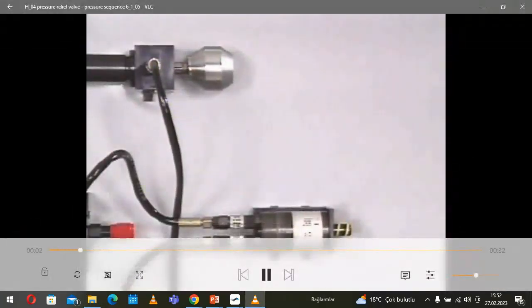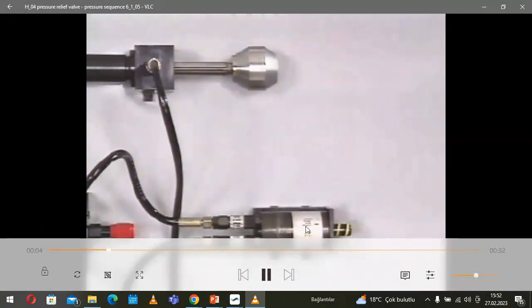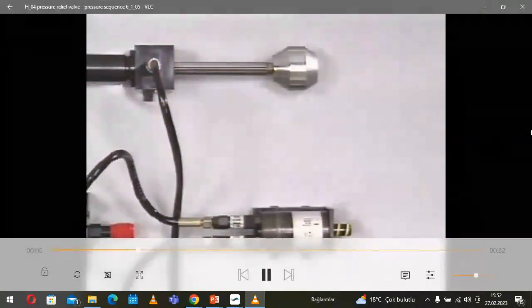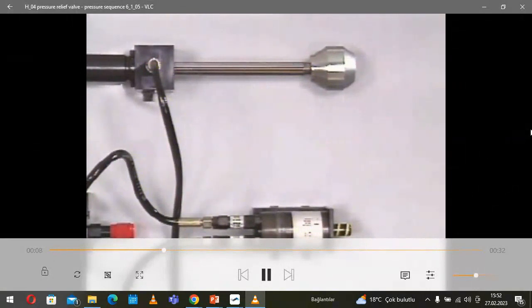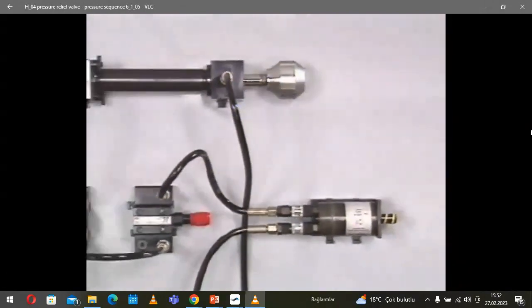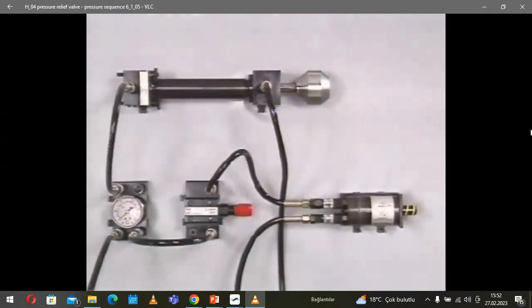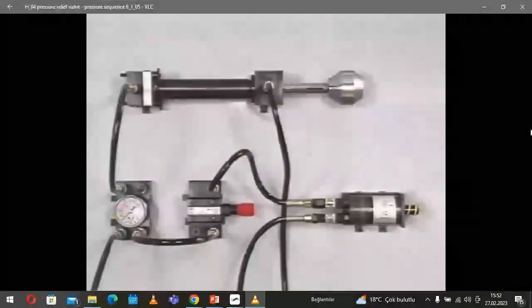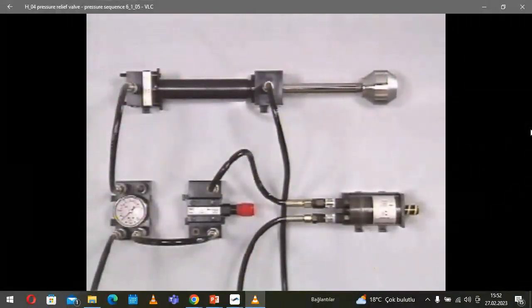Okay, here we have a hydraulic motor in this motor circuit. The motor is not to start running until a certain pressure on the cylinder has been reached, for example for clamping. A pressure relief valve makes sure that the pressure line to the motor doesn't open until the required pressure on the cylinder has been reached.